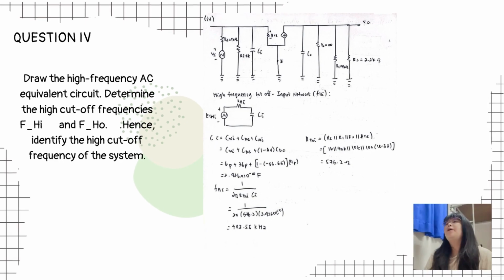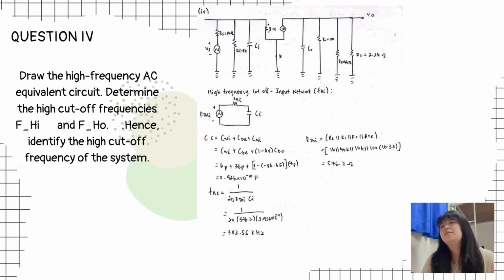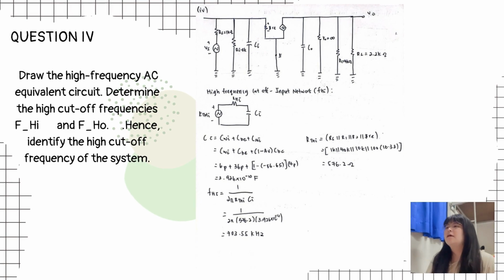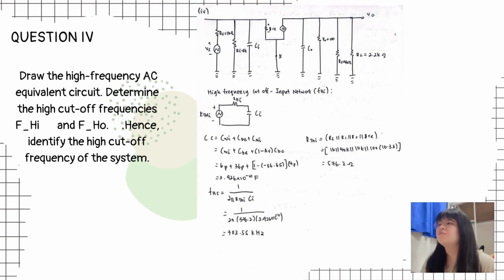For question 4, we are asked to draw the high frequency AC equivalent circuit and determine the high cut-off frequency of the system. From the calculation above, this is the high frequency AC equivalent circuit which we converted from the question given.